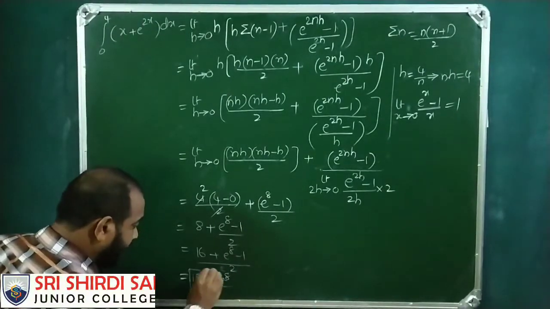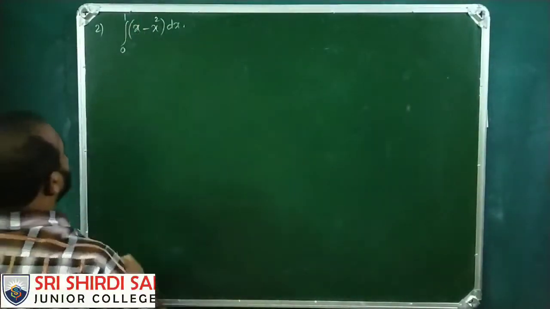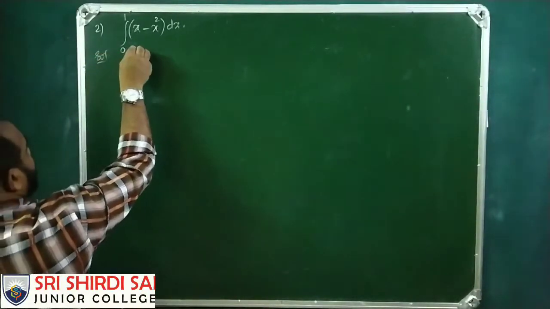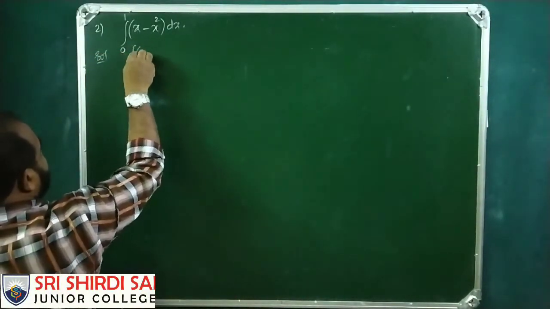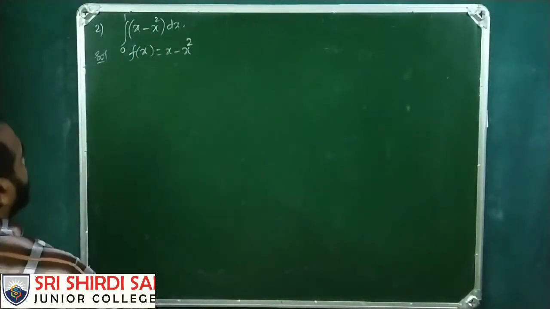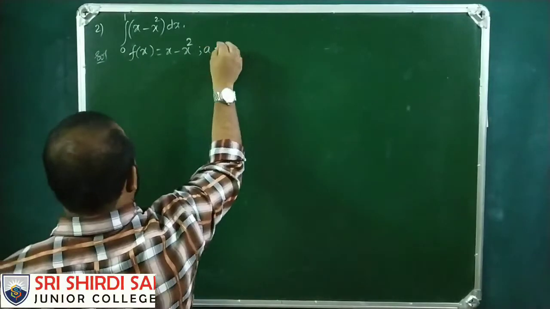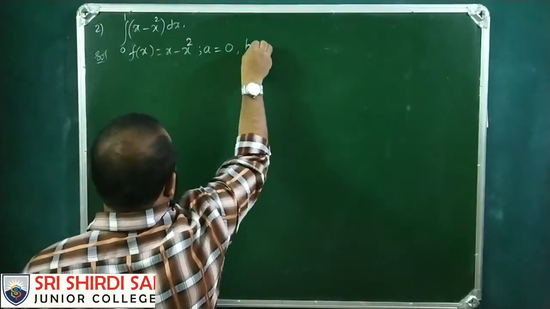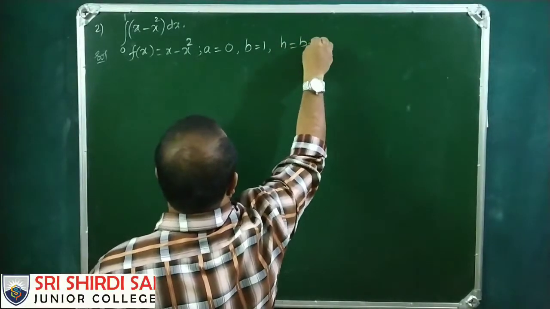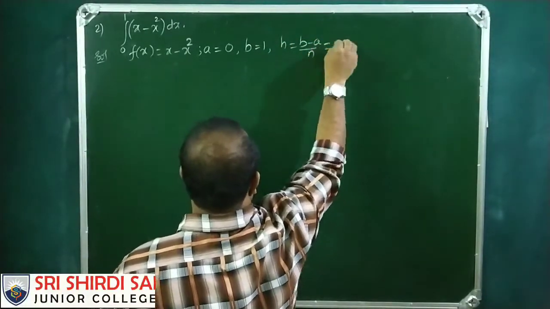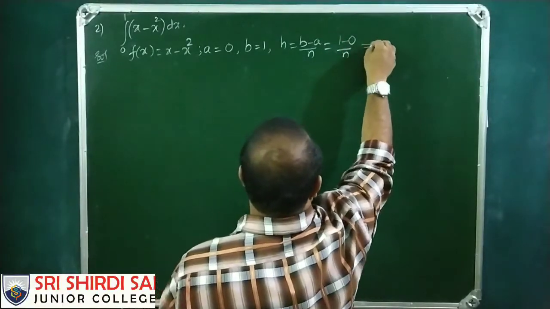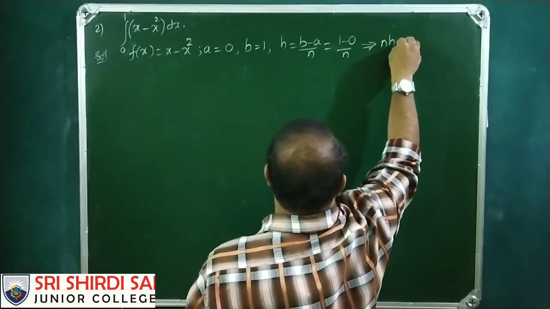Next, integral 0 to 1 of x minus x square dx. f of x is x minus x square. The lower limit a is 0, upper limit b equals 1, h equals (b minus a) by n, (1 minus 0) by n, so nh value is 1.